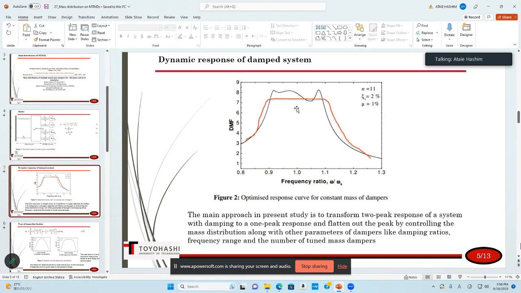Maybe in the next slide you can see. But this black line is when the MTMDs all have the same mass. They are going to change the amount of each mass to flatten this curve, the response of the main system.